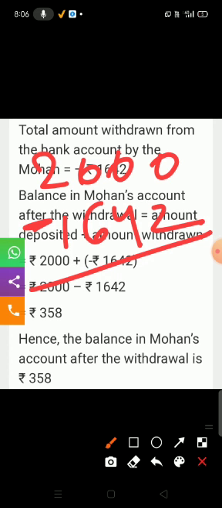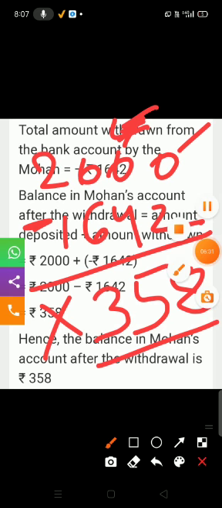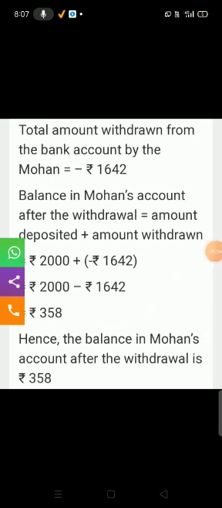When we subtract, 0 minus 2 is not possible, so we have to take a borrow. 10 minus 2 is 8, then 9 minus 4 is 5, 9 minus 6 is 3, and 1 minus 1 is 0. So the answer is 358. Hence the balance in Mohan's account after the withdrawal is 358.